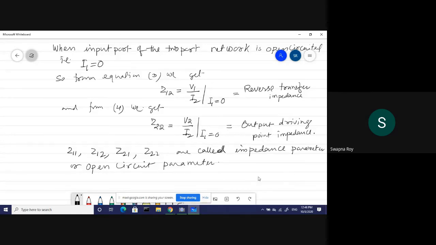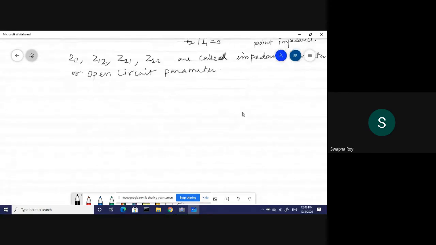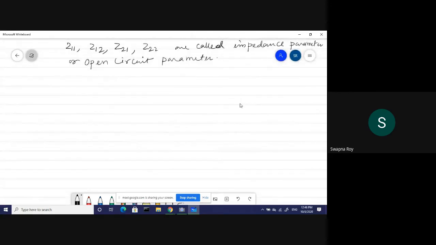Now we have to draw the equivalent circuit of the open circuit impedance parameters. The question is like: derive the open circuit impedance parameters and draw the equivalent circuit of the Z parameters. So I'm just rewriting the equations.